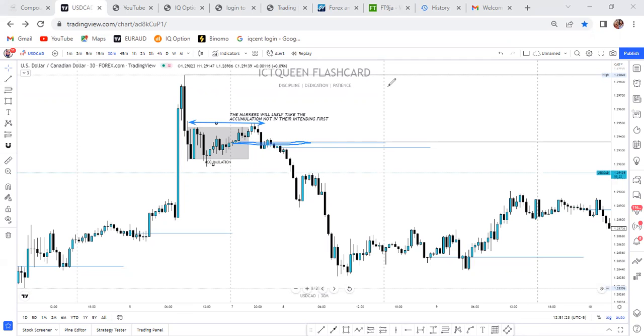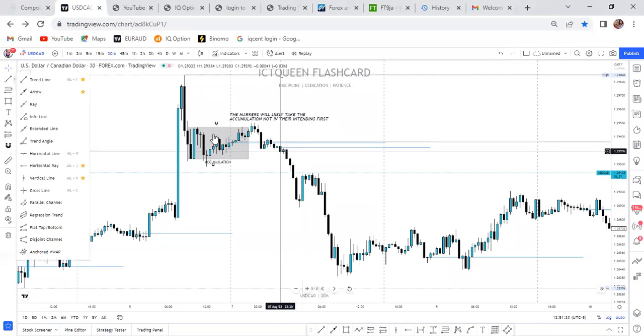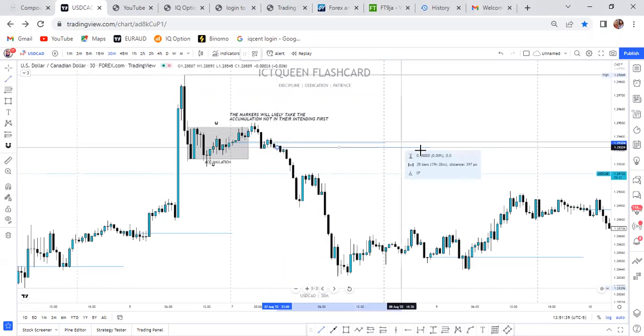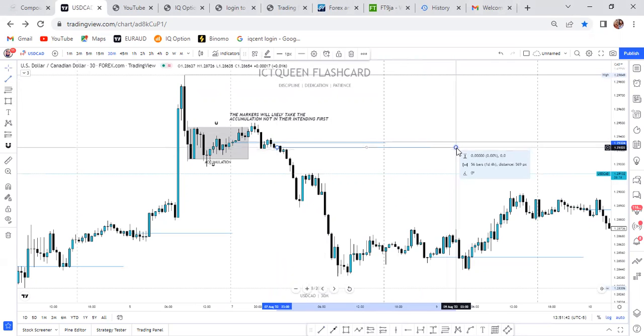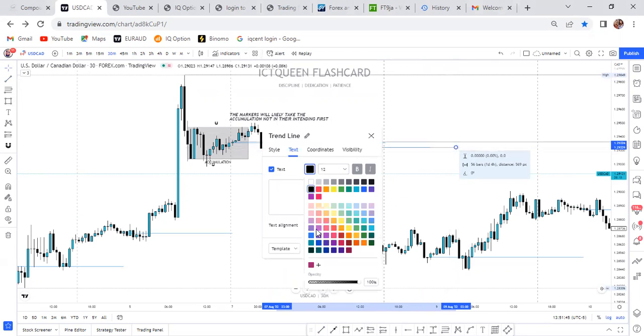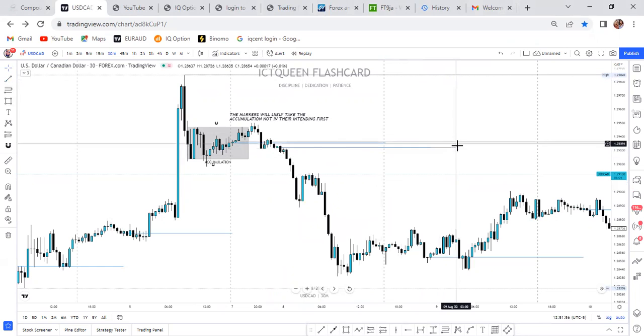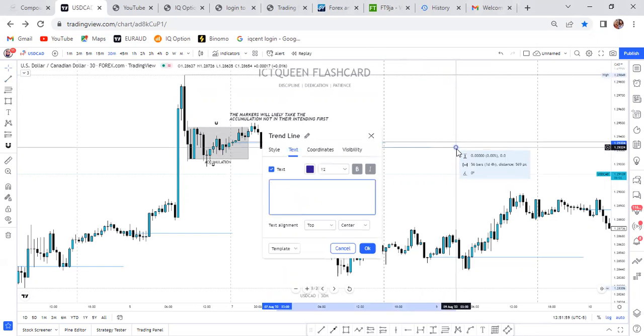And we can clearly see our midnight open for that day as well, which is around our Sunday open price. This is our midnight open price.